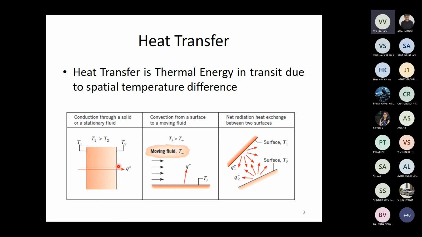If the material is a good conductor, like copper, silver, or aluminum, then the outside and inside temperatures will be very close. If the outside is 40, the inside may be 37 or 38 degrees. So depending on the material and its properties, the temperatures across will also be different.